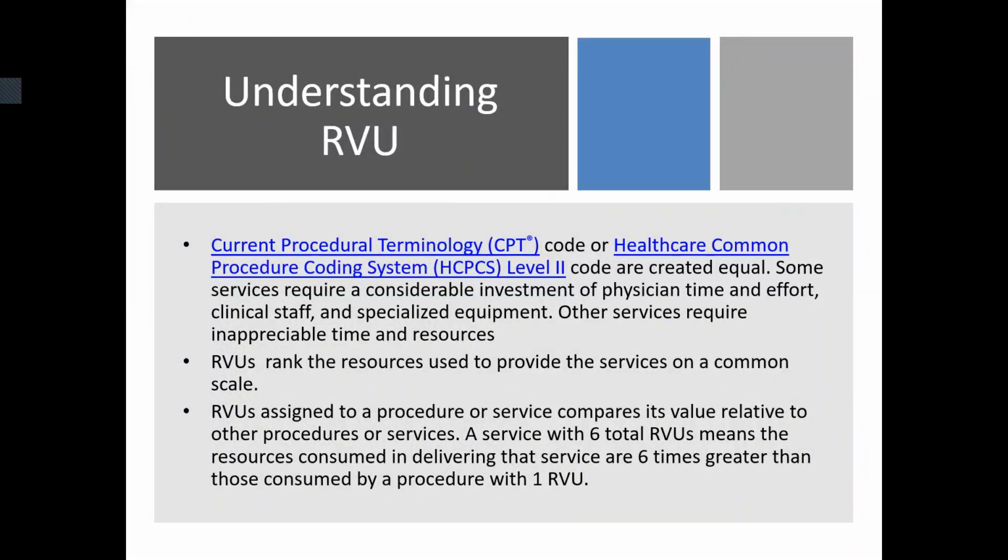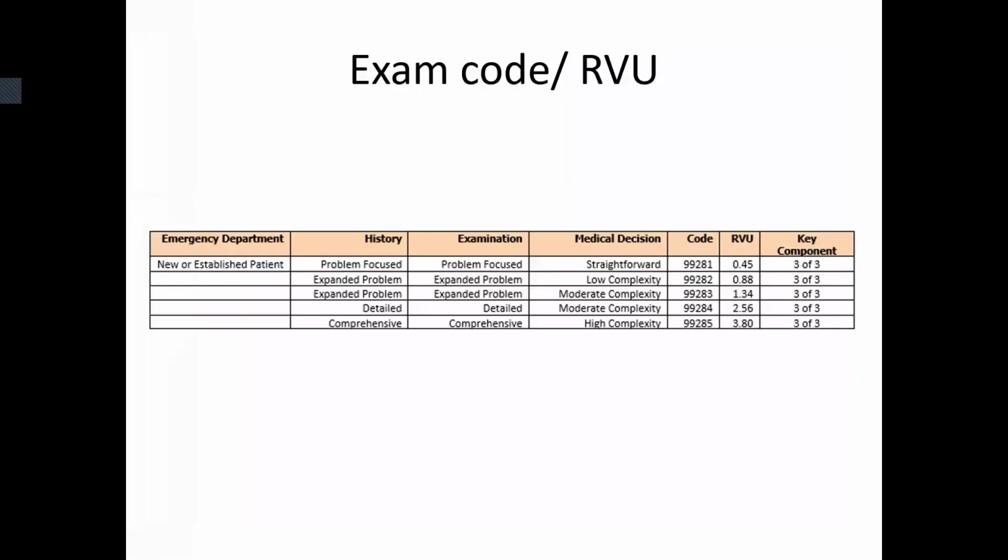So if you're doing a procedure on a patient, there is a code for that. And the RVUs rank the resources. So essentially, if you're doing a simple procedure, it's a low RVU. If you're doing a more complex procedure, the level could go up. So a service that requires 6 RVUs means that the resources consumed are 6 times greater than those consumed by a procedure code with a level 1. So why is this important?